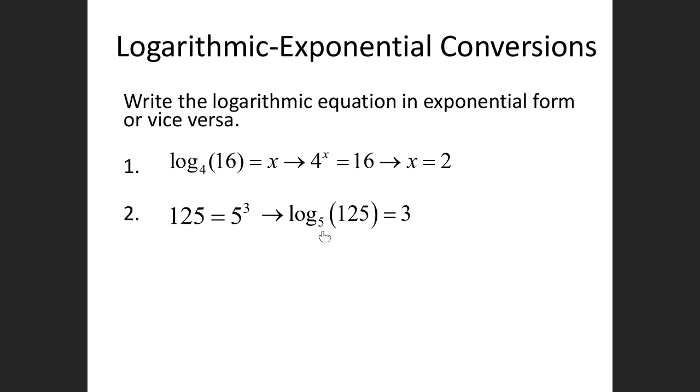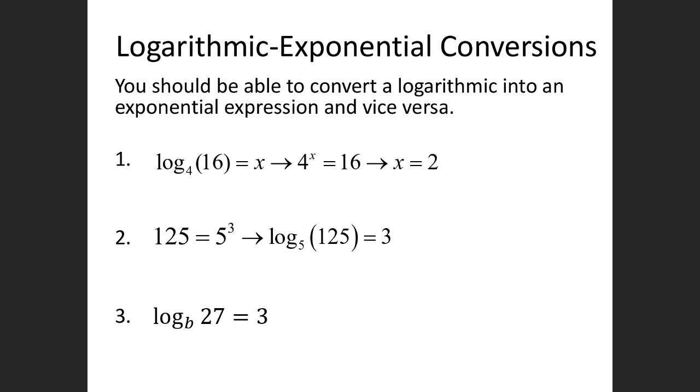My output of my exponential function is my input of my log. The input of the exponential function is the output of my log. This one was just to practice that we can go from exponential to log and from log to exponential. Again, please stop me if you have any questions.